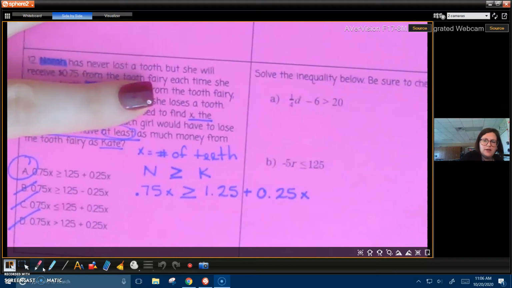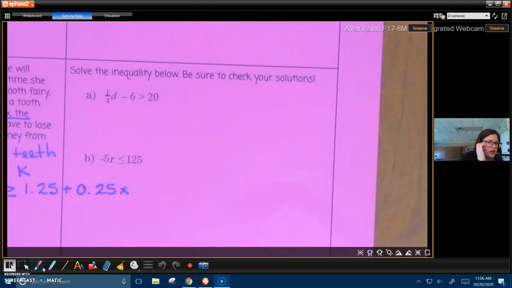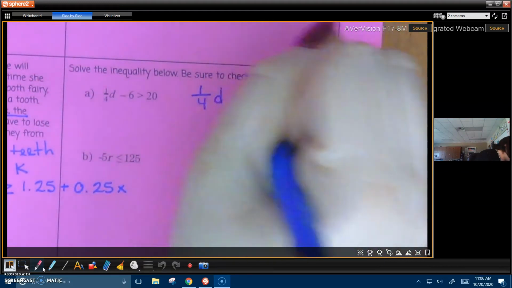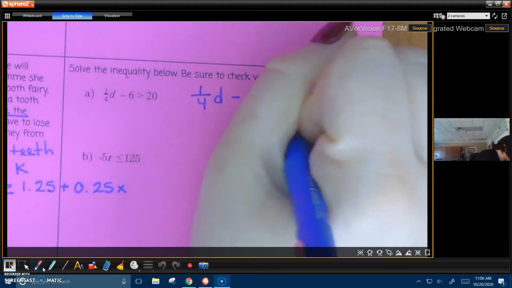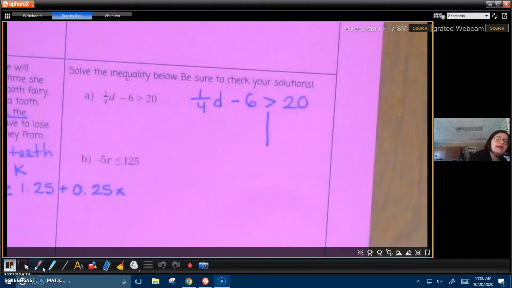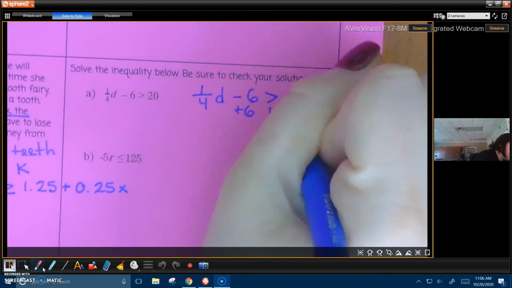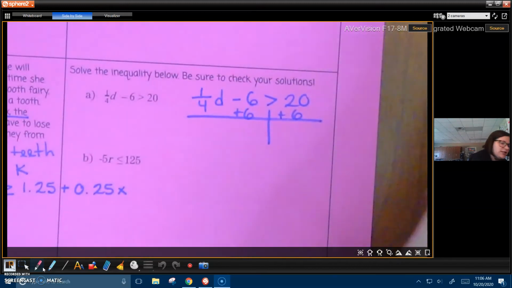All right. The last problem, we just need to solve these inequalities. So I'm going to go ahead and rewrite them over here. These are just two-step. The second one is a one-step. We solve inequalities the same way that we do equations. The goal is to isolate the variable, and so we do that by doing inverse operations.